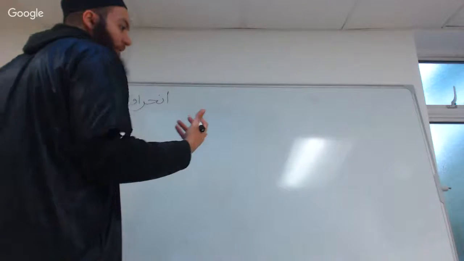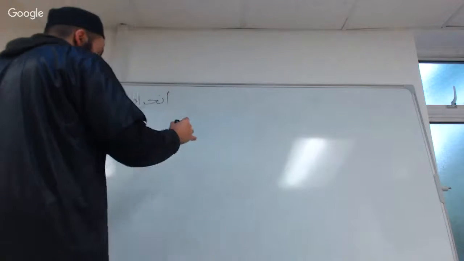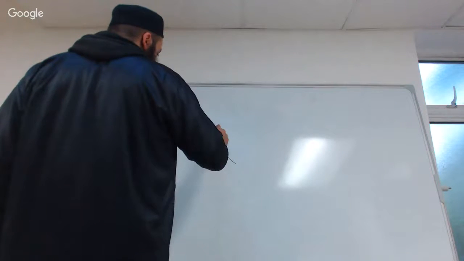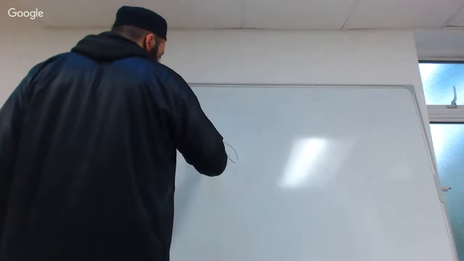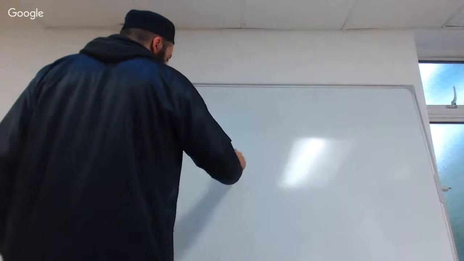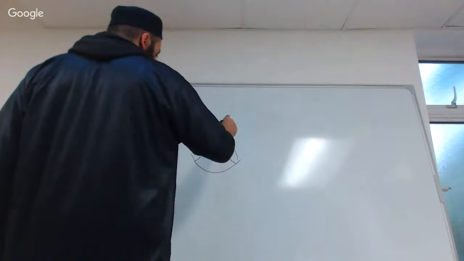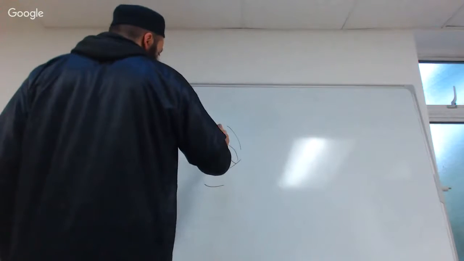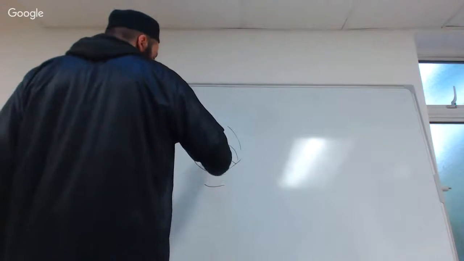So if you take a front view of a mouth of someone pronouncing a lam or a ra, you'll see the following. So this is the tongue.